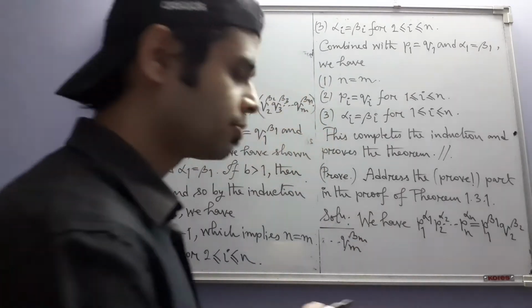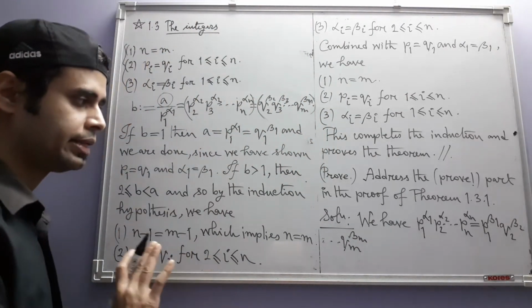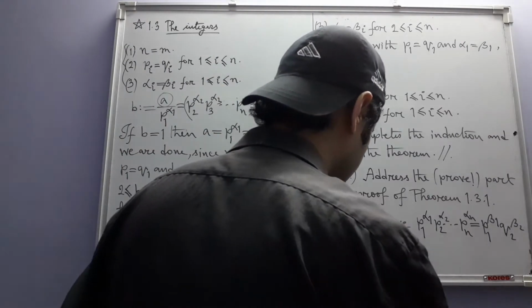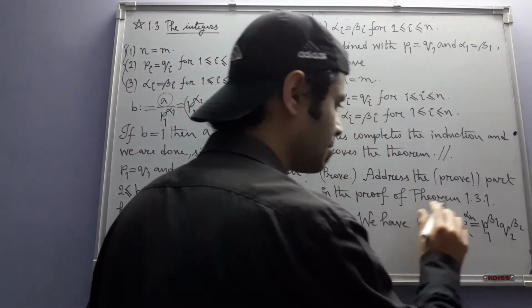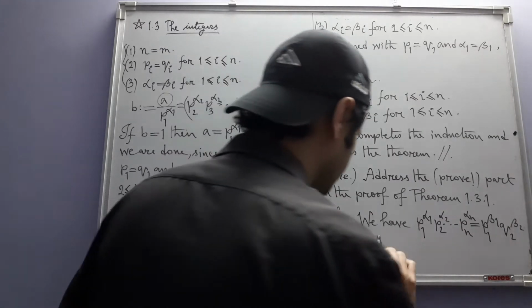This is before proving that n is equal to m. So that thing is entirely different. Now from this we have to somehow conclude that alpha 1 is equal to beta 1.